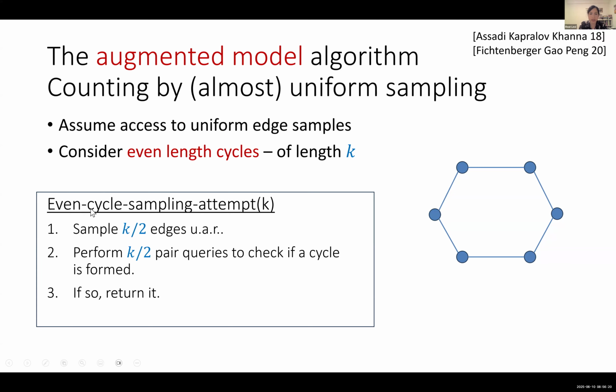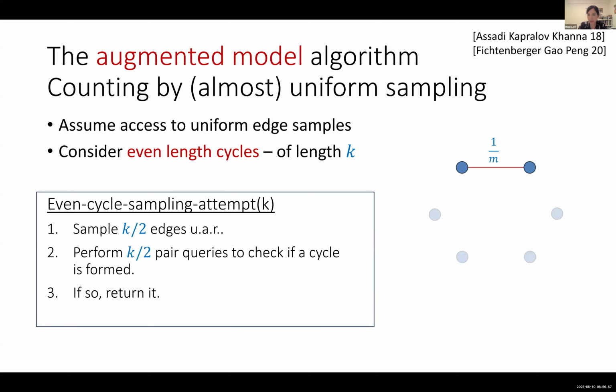We have a sampler that attempts to sample a copy of a k-cycle from the graph by performing the following steps. It first samples k over 2 edges from the graph uniformly at random by performing random edge queries, and then it performs k over 2 pair queries to check if a cycle is formed. And if so, it returns it.